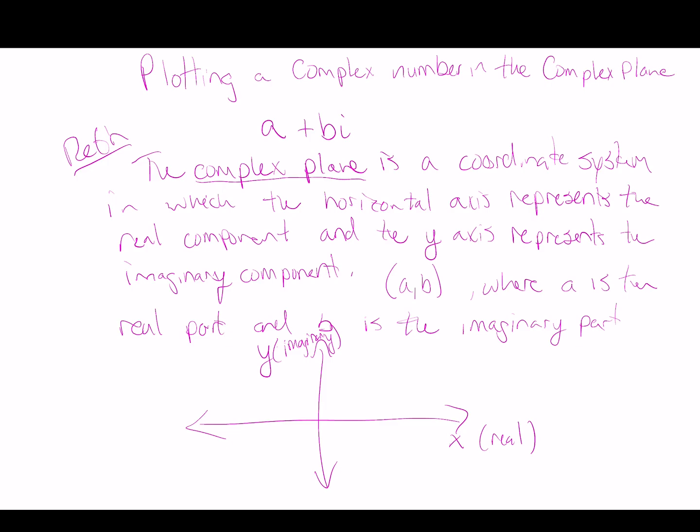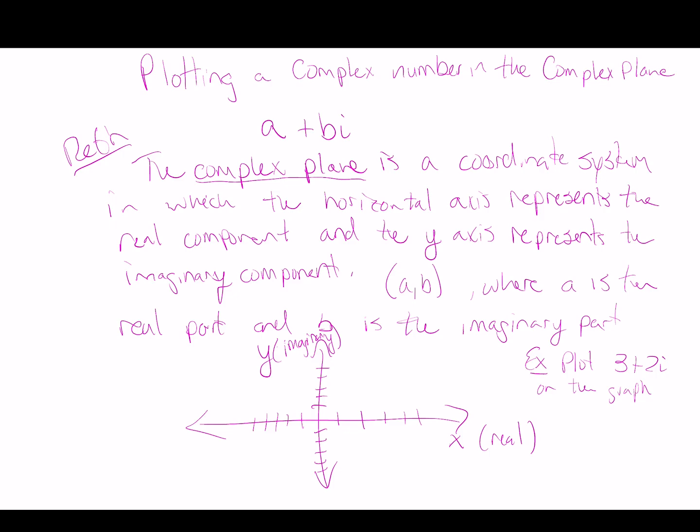So what if we were given 3 plus 2i? Plot 3 plus 2i on the graph. Okay, so let's make some marks. We first determine the real part of 3 plus 2i, which is just 3.